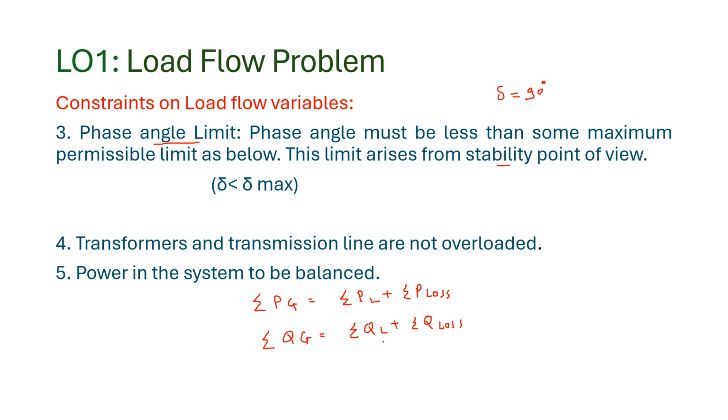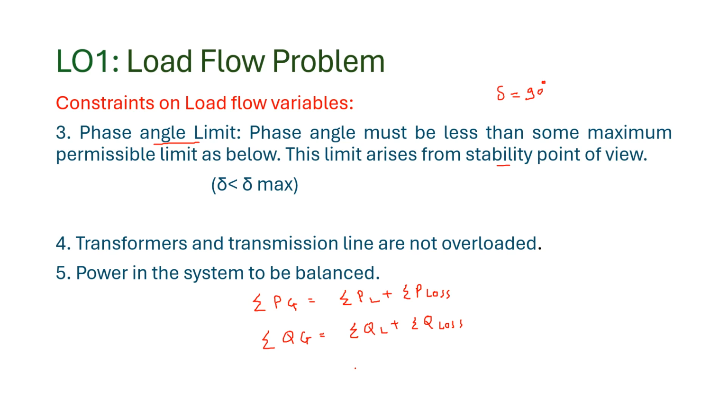The power balance equation in simple words says that the total power, if you add it all up, should be balanced, like here as per this equation. So these are the constraints that we should understand. They put some limitations on our variables.